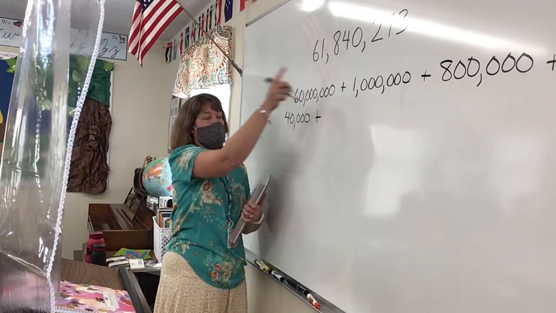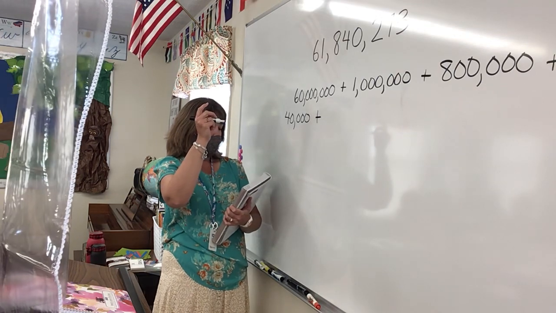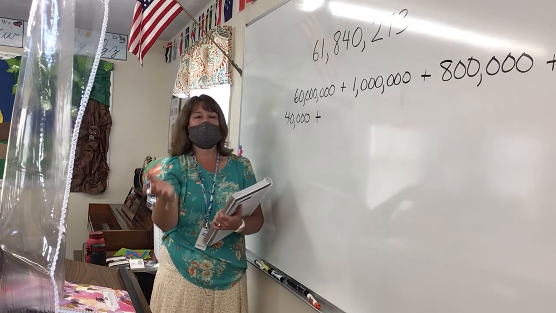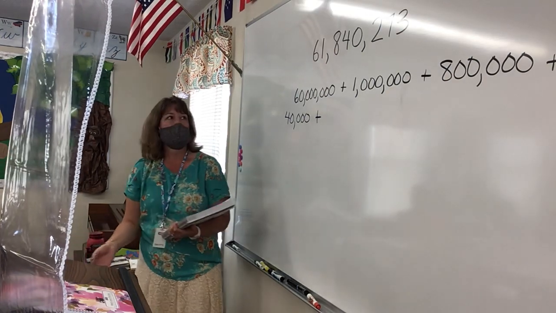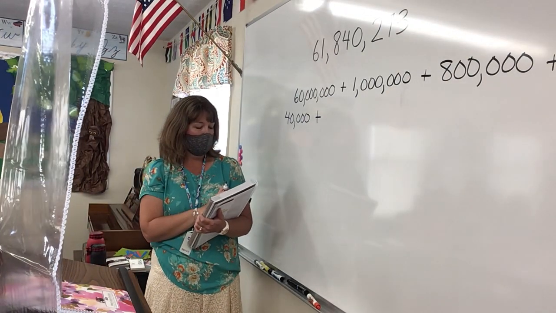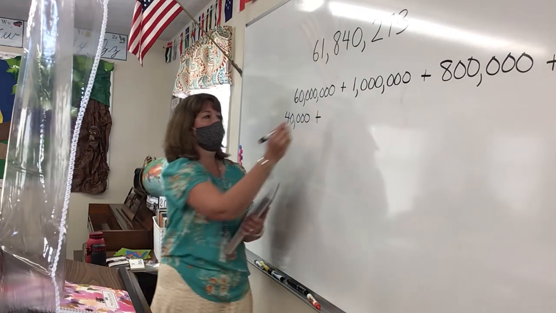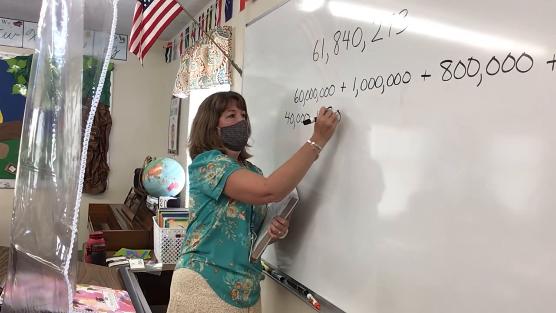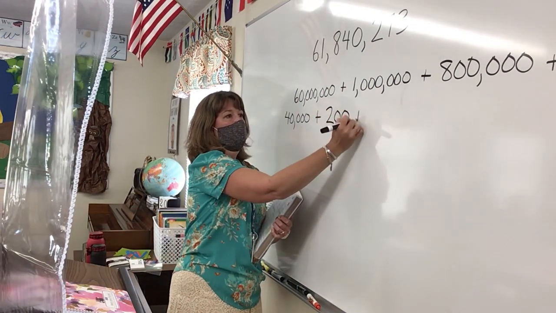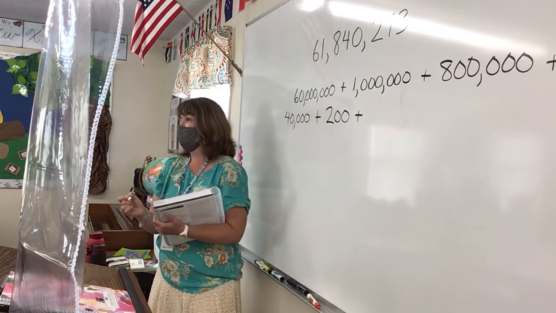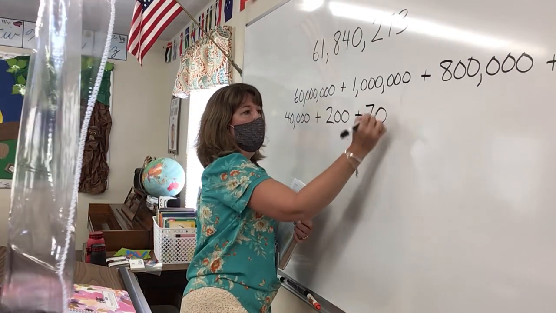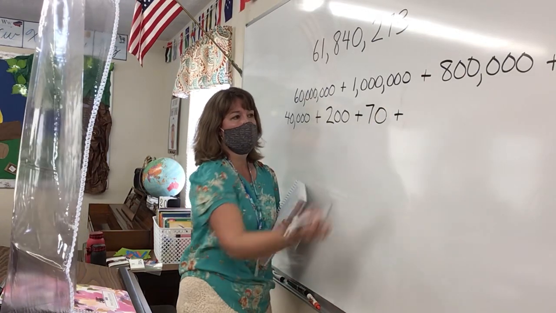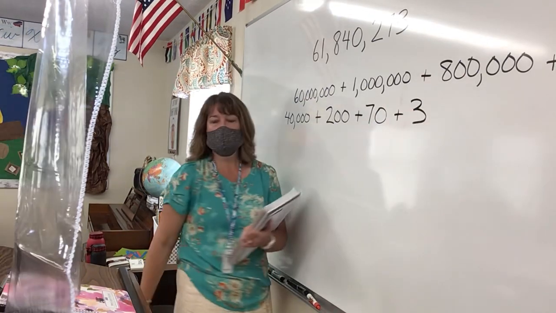Plus, what's the value of the 0? It's 0, so we don't really need to write that. Okay, we can skip that one. What's the value of 2? 200. And then the value of the 7? 70. And then 3 is in the 1's place, so it's 3.